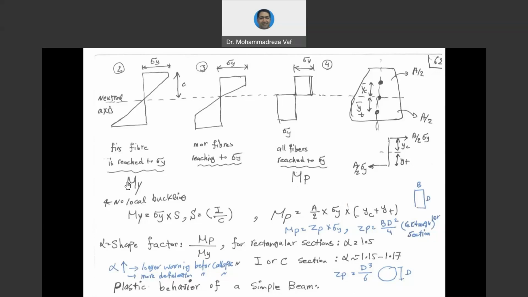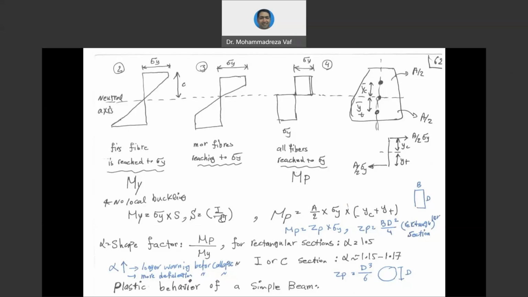And in order to calculate My, you can always say My of your beam equals sigma y, the yield stress of your material, multiplied by S. S is the section modulus, and we can show it as I over c.